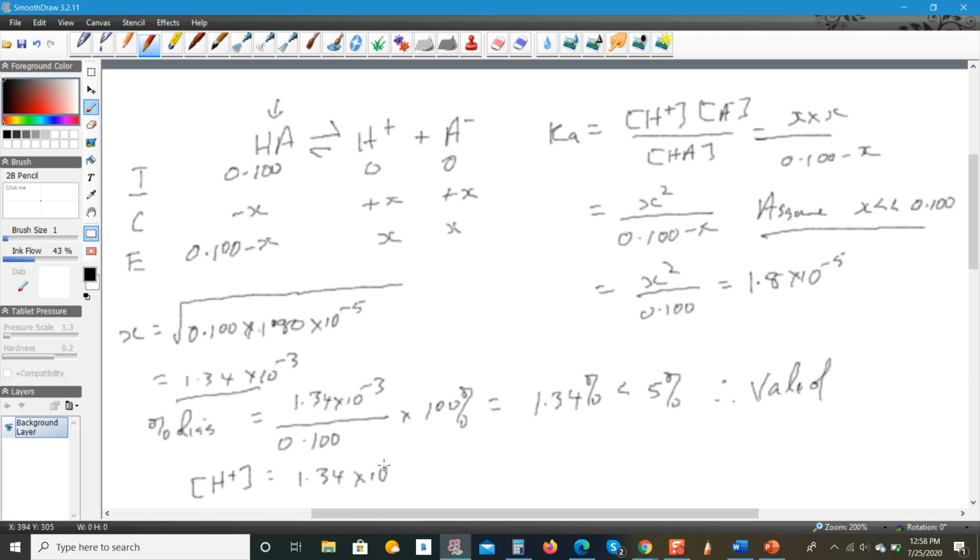1.34 times 10 to the minus 3 M, which means that the pH is equal to minus log of 1.34 times 10 to the minus 3. And according to my calculations, this works out to be equal to 2.87. All right, so that's the pH of the solution at the beginning before you add any sodium hydroxide.